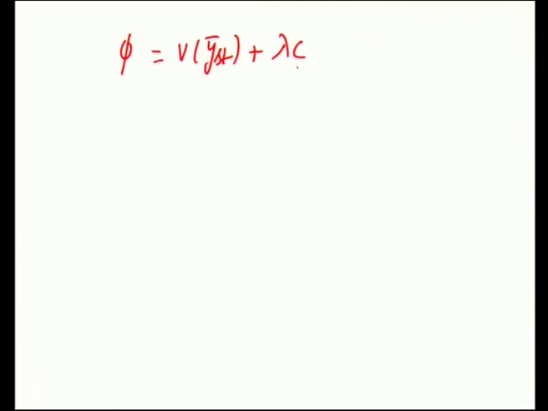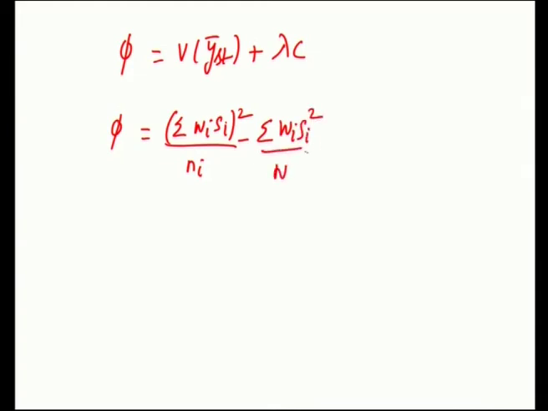Now, substituting for variance of Yst bar and the cost function c, we get phi to be summation Wi Si the whole square by Ni minus summation Wi Si square by capital N plus lambda, the cost function is A plus summation over i is equal to 1 to k Ni Ci.